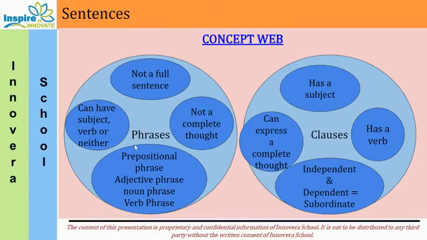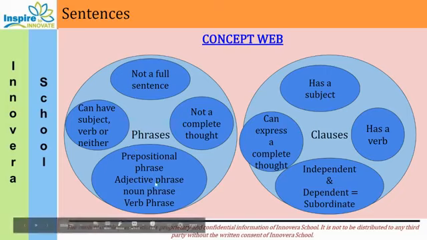Sometimes you will find both the subject and verb missing, but it has some sense. As I said, "tall tree." Here the subject is there, but the verb is missing. Then prepositional phrases, adjective phrases, noun phrases and verb phrases. Verb phrase we studied in verb; we have already studied this.